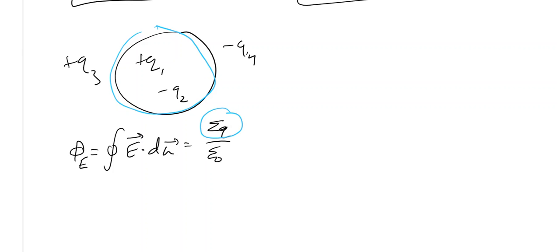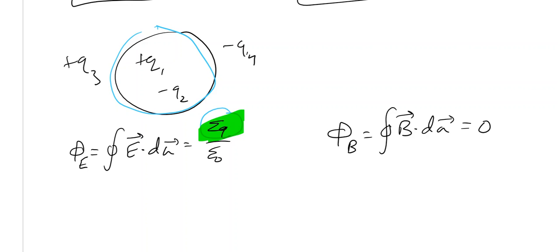Now, similarly, in case of magnetism, for flux enclosed, the formula is closed integration B dot dA is equal to 0. Actually, instead of sigma q, you have magnetic pole, and instead of epsilon 0, you have mu 0.